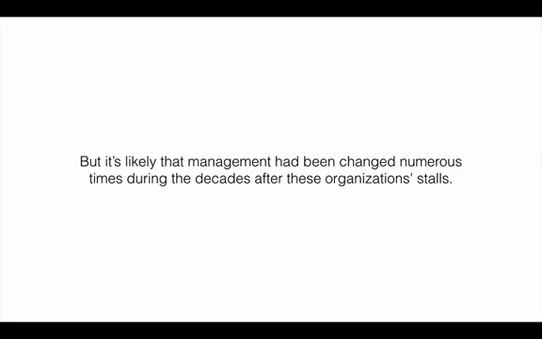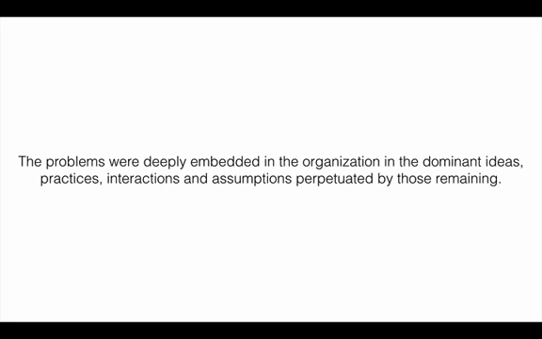But it's likely that management had changed numerous times during the decades after these organisations stalled. So what happened? Well, the problems were deeply embedded in the organisation and the dominant ideas, practices, interactions and assumptions perpetuated by those remaining. Just because one set of executives leaves doesn't mean that the dominant perspective will necessarily shift.